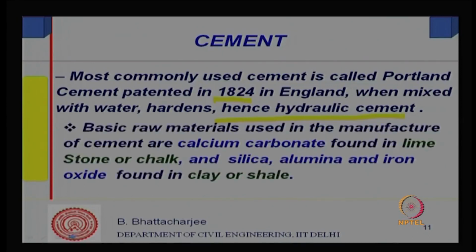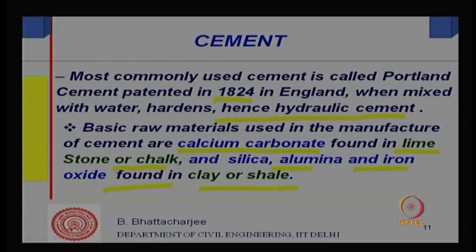So, therefore, the basic raw material used in this manufacture is calcium carbonate, the lime, which you can find in limestone or chalk, and silica, alumina and iron oxide found in clay or shale. So, the difference here is you are putting them together and heating it up and doing, of course, a little bit of further processing, we will come to that.